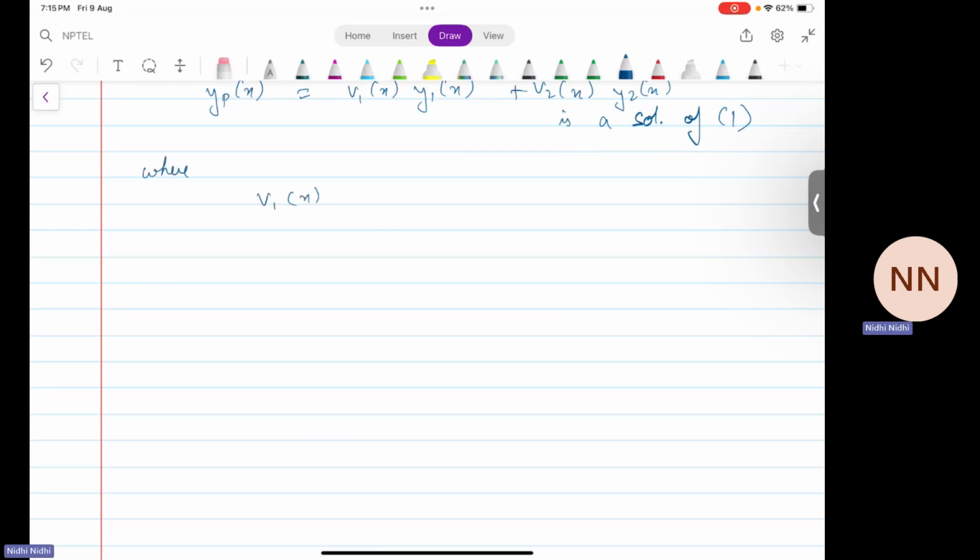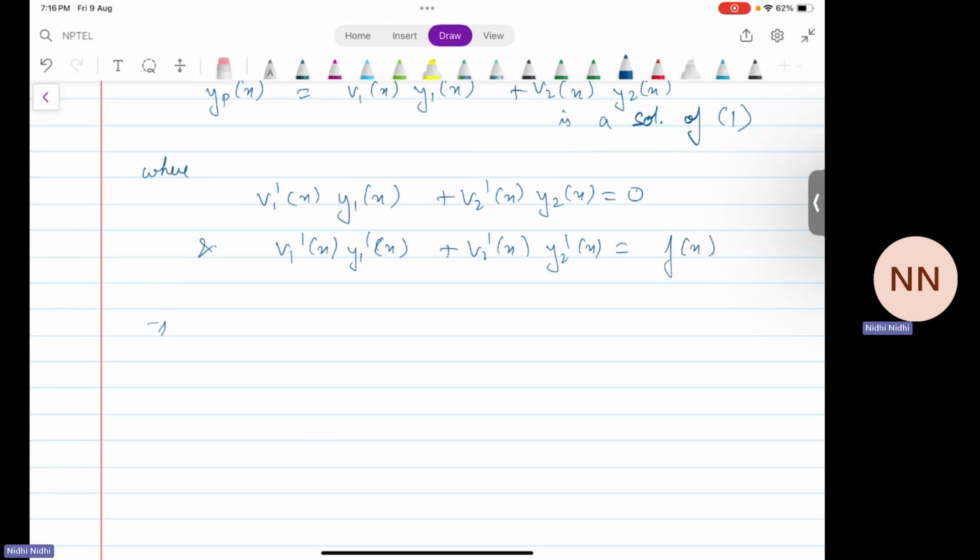Where v1 dash x y1x plus v2 dash x y2x is equal to 0 and v1 dash x y1 dash x plus v2 dash x y2 dash x is equal to that non-linearity.